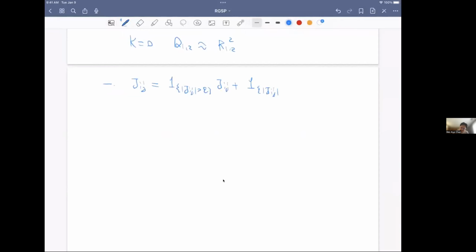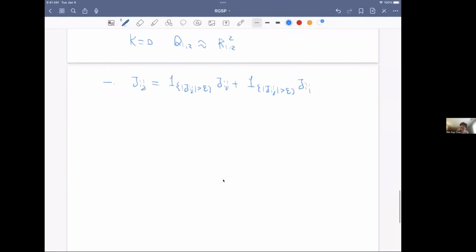Sorry, this is the heavy weights, and the first one is the smaller weights. If you decompose your Hamiltonian in such a way, then this small weight here wouldn't be important in your Hamiltonian.